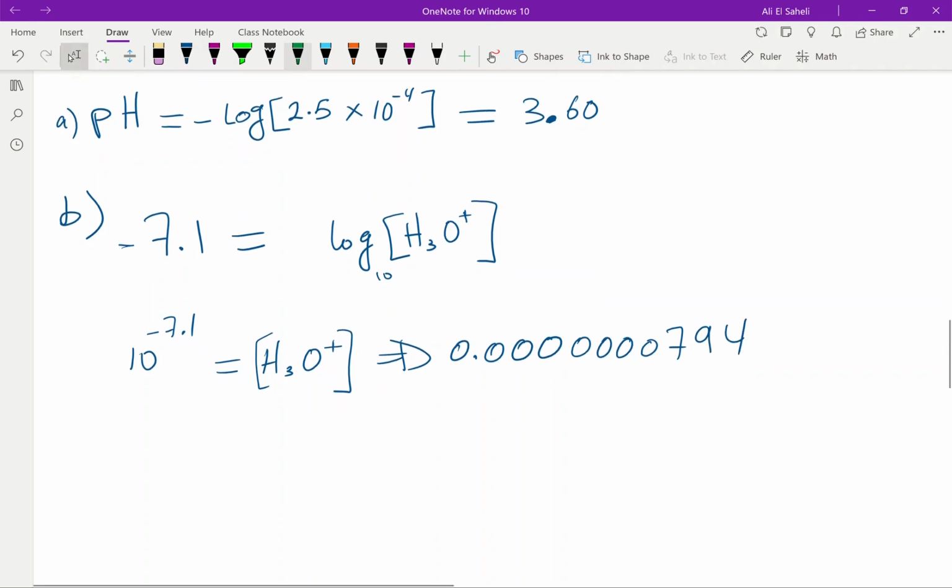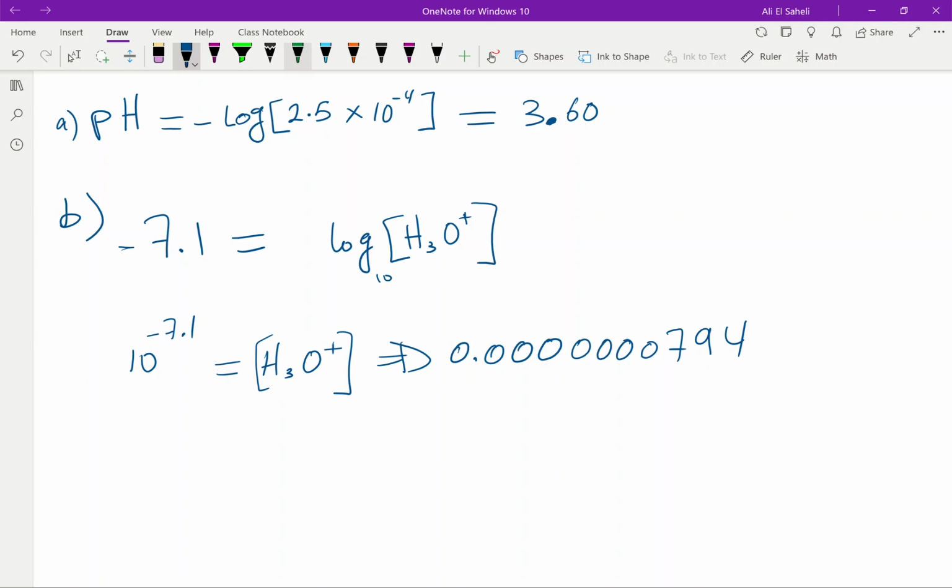Or this is 7.94 times 10 to the power minus 8.